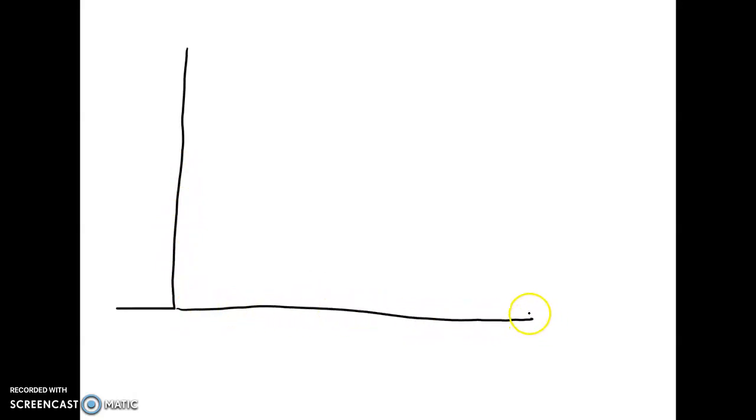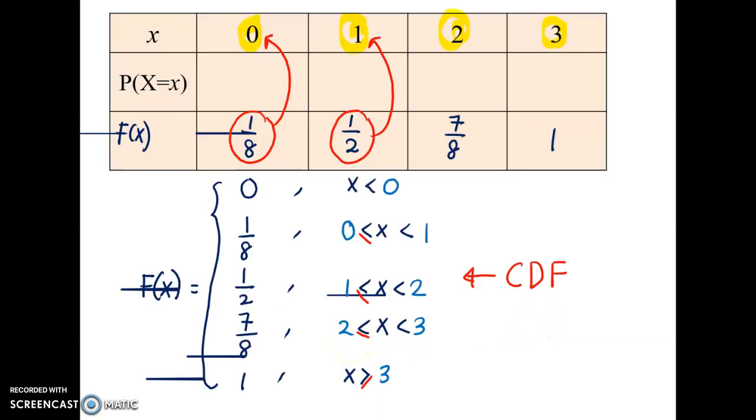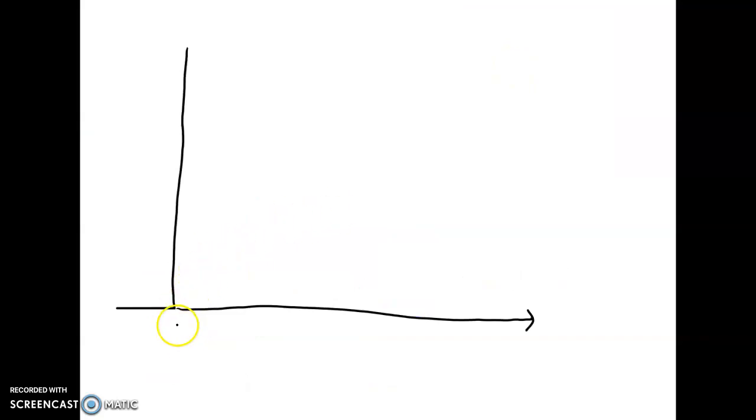Okay, for the x-axis, the values here will be the first row. The first row will be 0, 1, 2, 3. 0, 1, 2, and 3. This one we label as x.